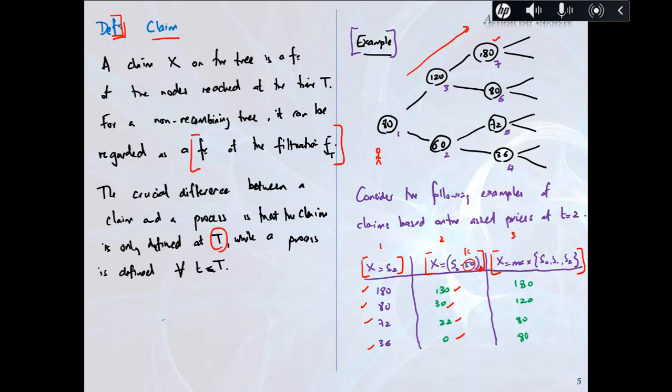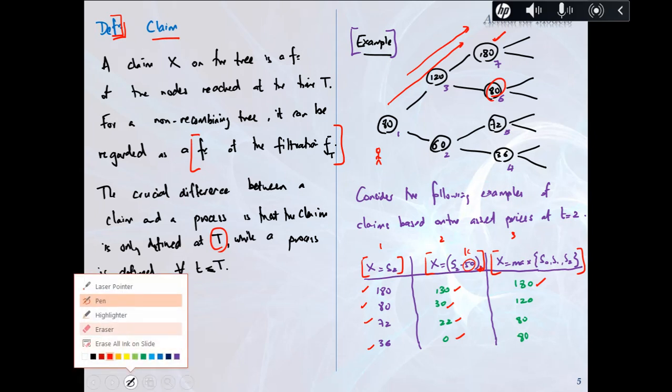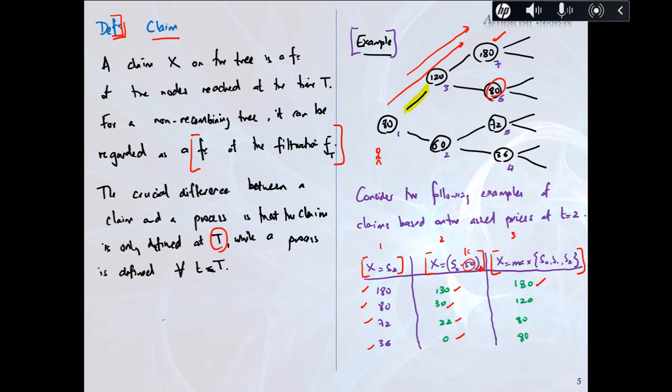Now, the third claim says that it is the maximum between the values of S0, S1, and S2. So if we are here, what is the maximum between these three? It is obviously 180. If we are here, what is the route to get there? So this is the route. What is the maximum? The maximum is 120. The third route is here, the maximum 80.